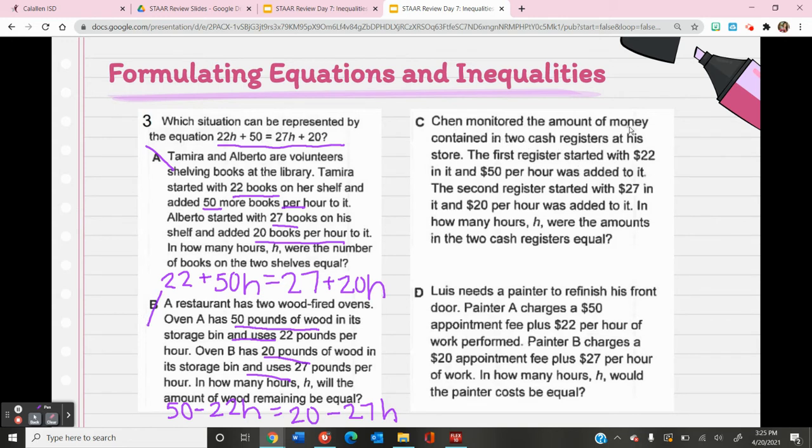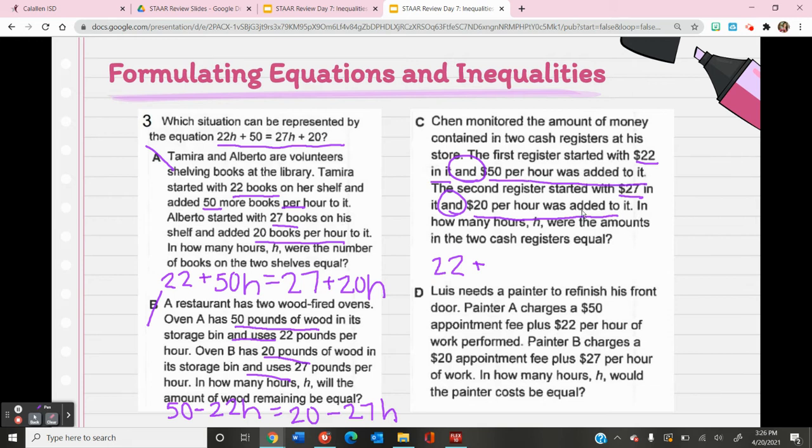Then we have letter C. It says Chen monitored the amount of money contained in 2 cash registers at his store. The first register started with $22 in it and $50 per hour was added to it. The second register started with $27 and $20 per hour was added to it. And how many hours H were the amount in the 2 cash registers equal? So in the first cash register, they had $22 and indicates we're adding.